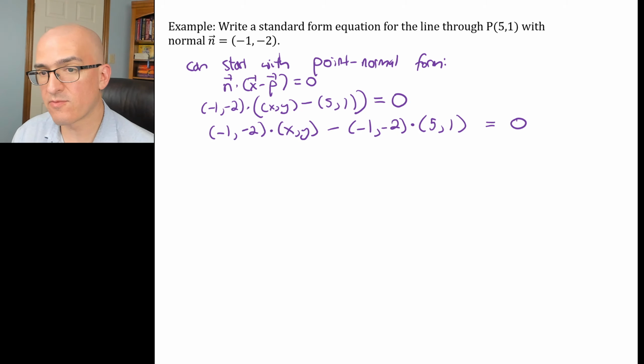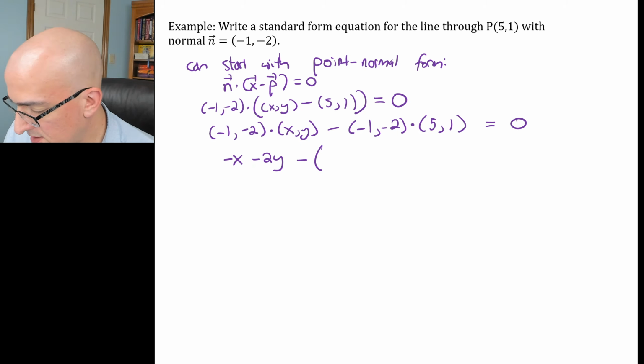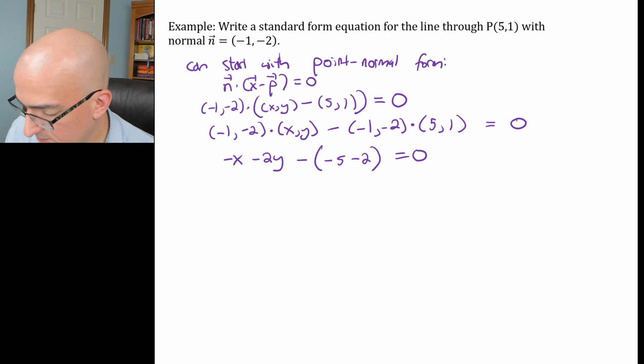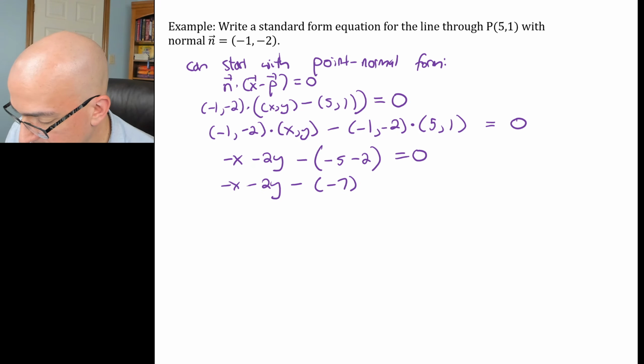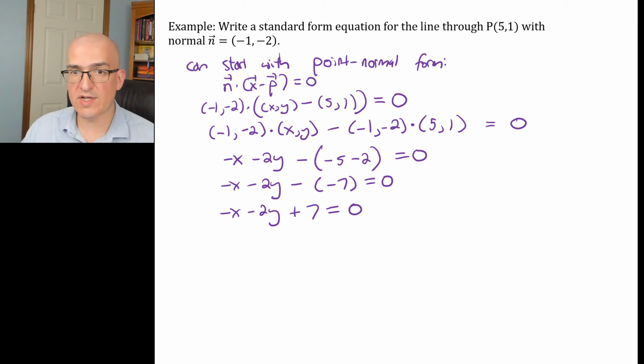I have -1 times x, so -x, plus -2 times y, so -2y, minus (-1 times 5, plus -2 times 1, so -7) equals 0. So -x minus 2y plus 7 equals 0. Negative and negative is positive.